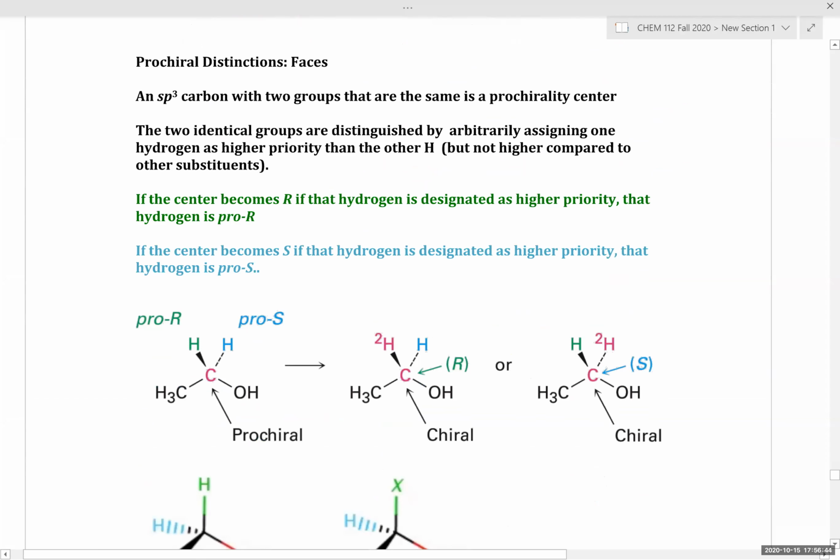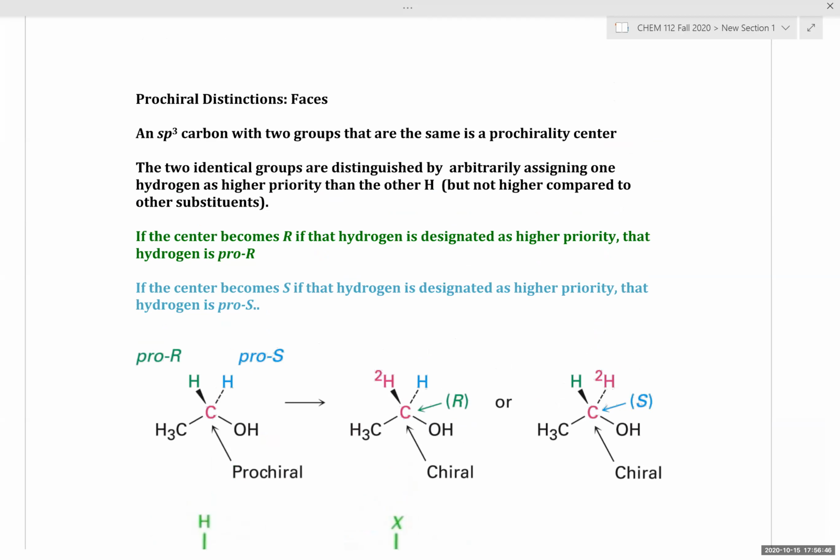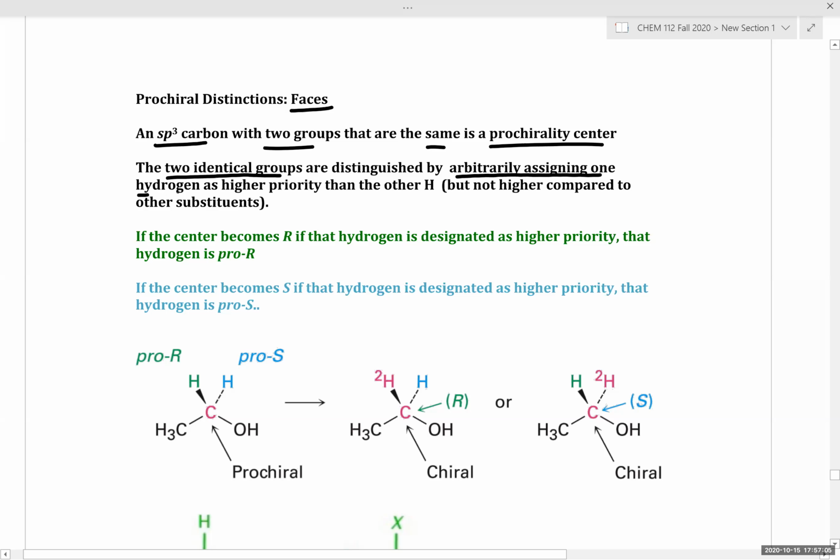So when we think about pro-chiral distinctions, it's best to think about molecules in terms of two faces, two sides of your molecule. So an sp3 carbon with two groups that are the same is a pro-chirality center. The identical groups are distinguished by arbitrarily assigning one of our groups, such as hydrogen, as higher priority than the other.